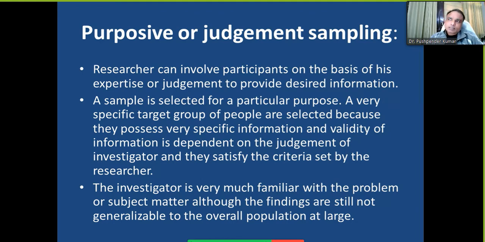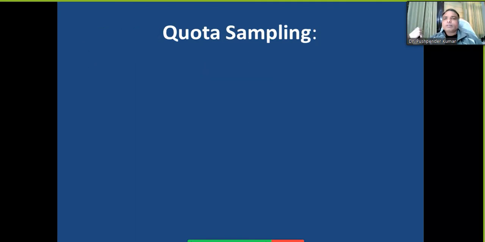So this is one limitation whenever you go for purposive, judgmental, or convenience sampling, because it is totally biased. It is on the basis of your own judgment. So can you generalize whatever you feel? You cannot, unless you go through a systematic way of collecting information. So this is not a systematic way. It is basically that someone is the right person who should give the information, and so it would be a kind of biased information.